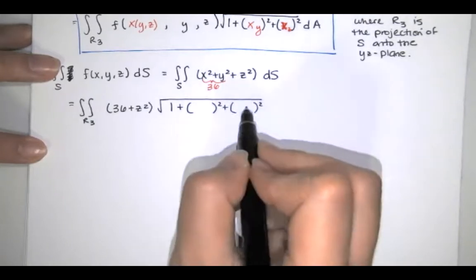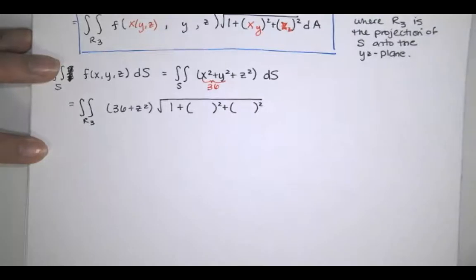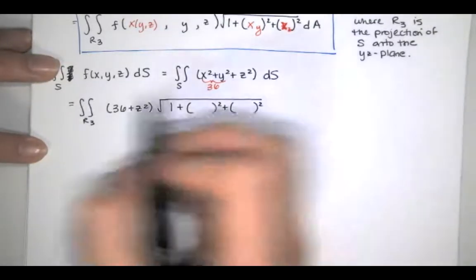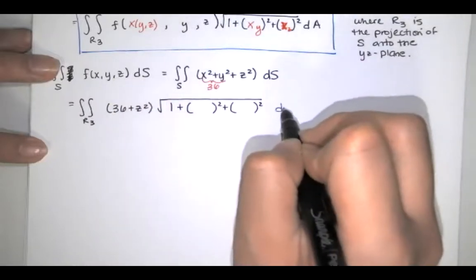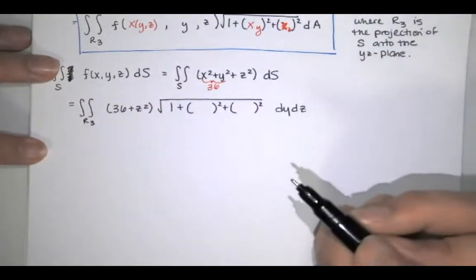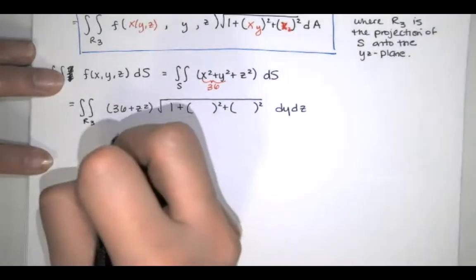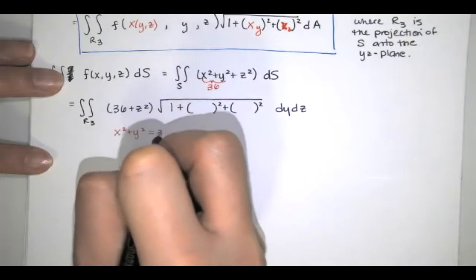Now here and here, we need the partial derivatives of x with respect to y and z. And this dA over here will be, well, if I'm writing everything in terms of y and z, that's going to be a dy dz, or you can do dz dy, either one is fine. So I've got x squared plus y squared equals 36.